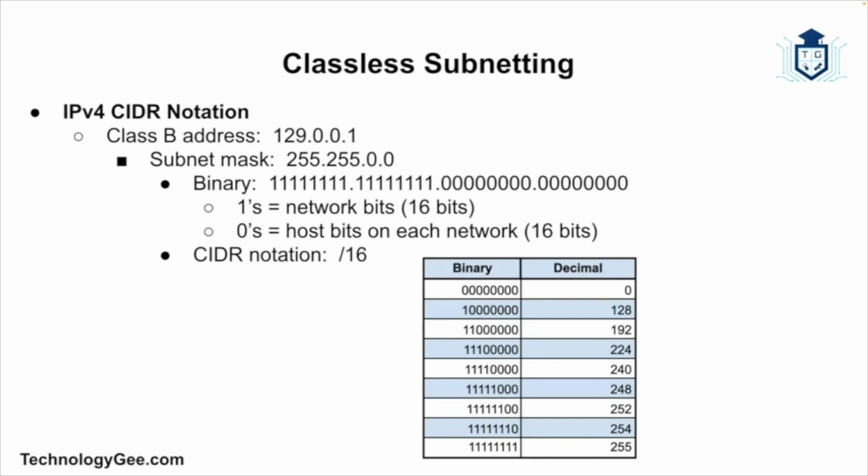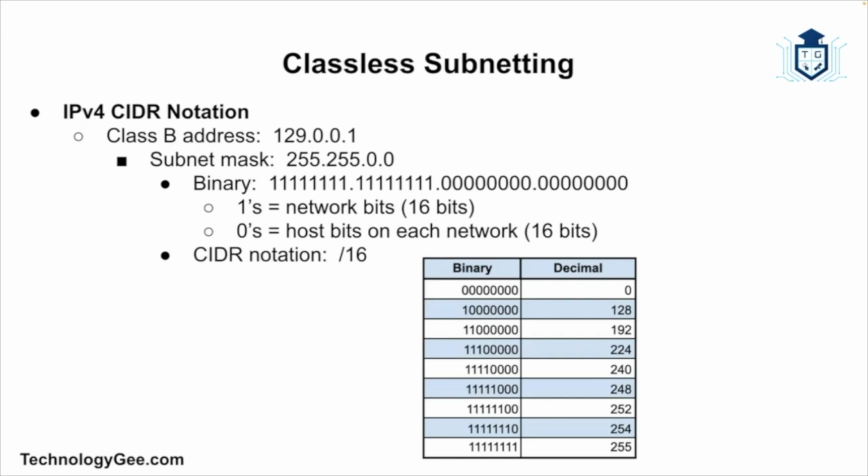All right, here's example 2 of slash notation. We have a Class B address, which is identified by 129.0.0.1. And like I told you earlier, our subnet mask for Class B will be 255.255.0.0, where the first 16 bits are turned on to identify the network portion of the IP address, and the last 16 bits are turned off, which identify the host bits of that IP address.